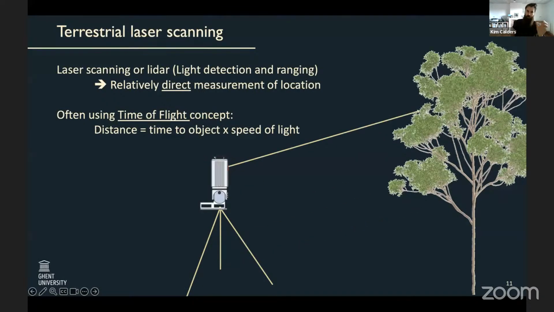This photon will hit some kind of element in the forest, and it will return the energy. And basically, by measuring the time that it took for this photon to go to the tree and back, and because you know the speed of light, you can determine the distance. And these kinds of instruments measure with 100,000, 300,000, 1 million measurements per second, and they build up a complete 3D image of points of the forest.